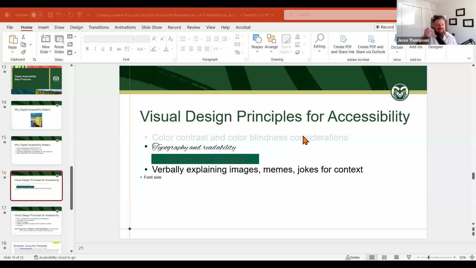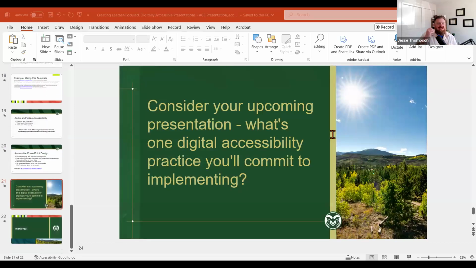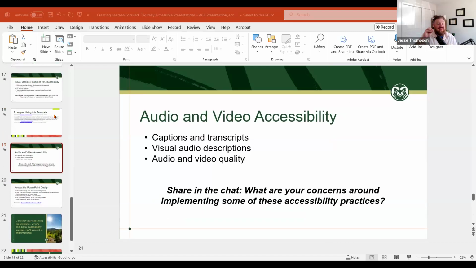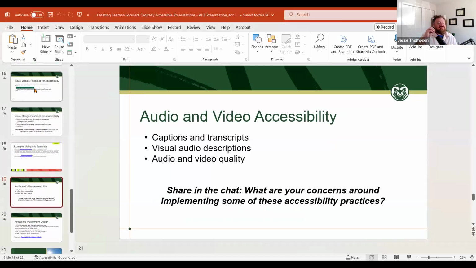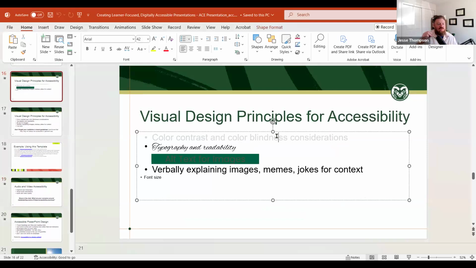One of the things that I want to show here is that while some of these things that you can do to ensure accessible digital documents and accessible digital formats are not always going to be directly apparent to you if it's not the sort of thing that you consistently have to use, right?